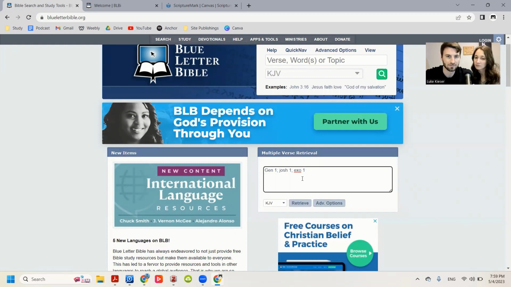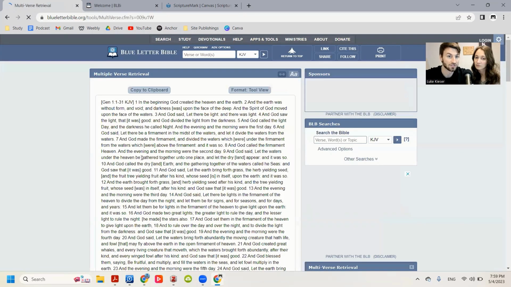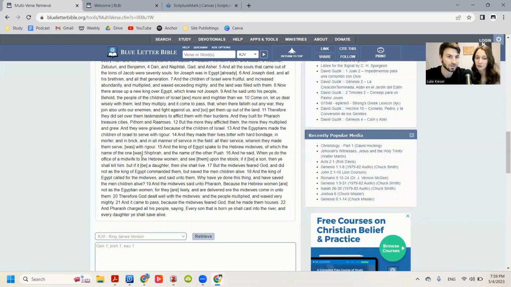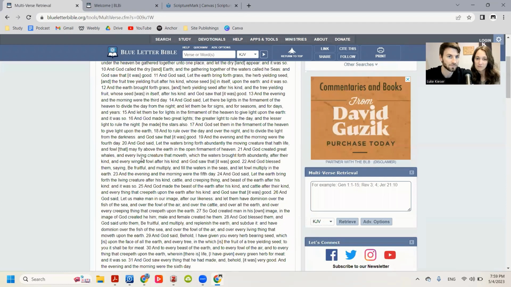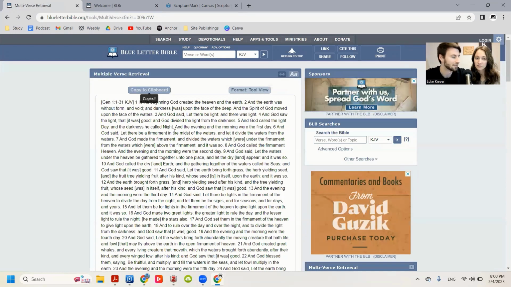You can put in different chapters and verses, and it gives you the whole text of that. Oh, just in one big long document. Yep. And then you can copy that and paste it wherever you want. You can put in a ton of verses instead of looking each one up individually, and a whole list of all of those will come up.